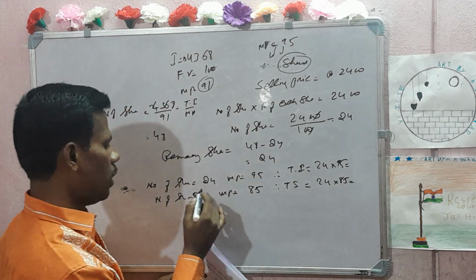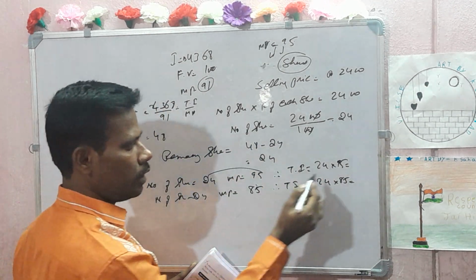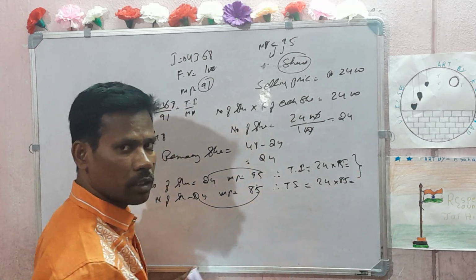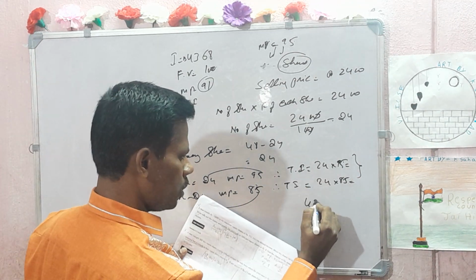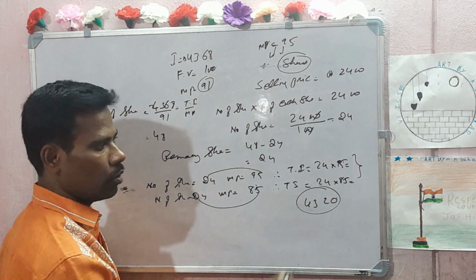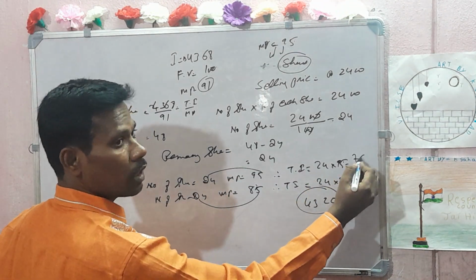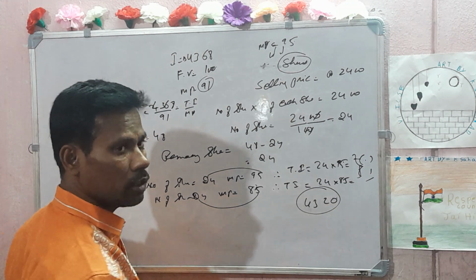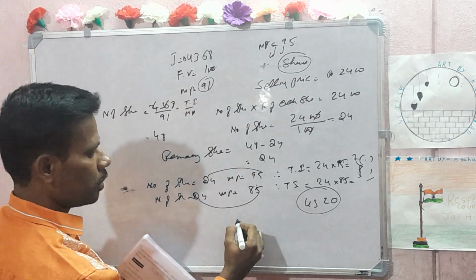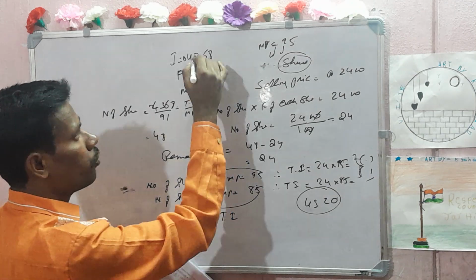24 into 95. Why? Because 24 into market price is 95, and now here 24 into 85. Write the answers, and when you add, the answer is 4320. Actually total investment is 4368.